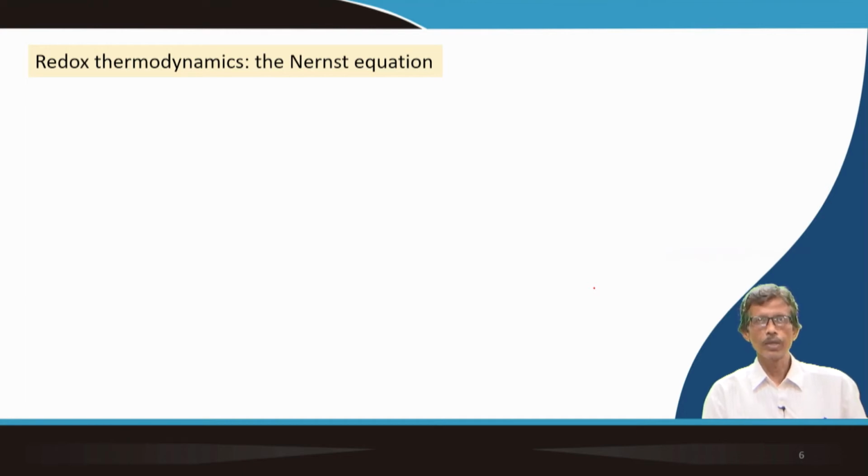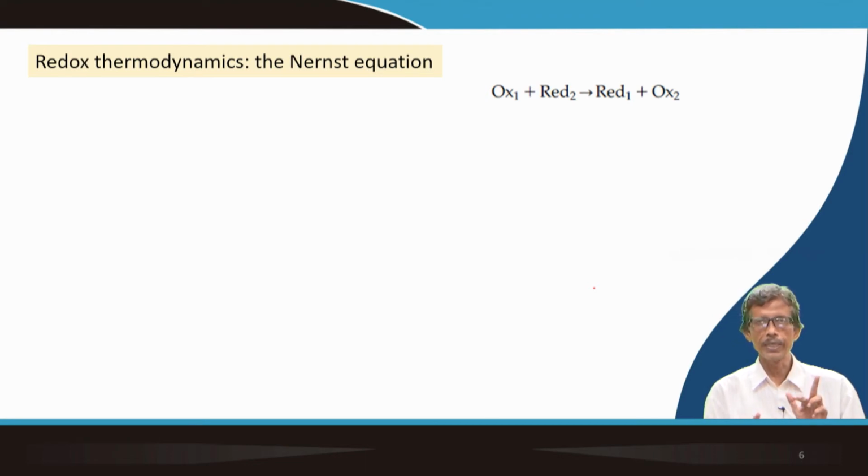So, for redox thermodynamics, let us consider the Nernst equation. We have one oxidized form and another reduced form. If we have two species, the oxidized form 1 and the reduced form 2, then after electron transfer the oxidized form is converted to the reduced form and the reduced form is converted to the oxidized form.